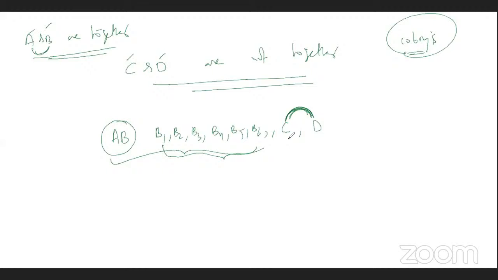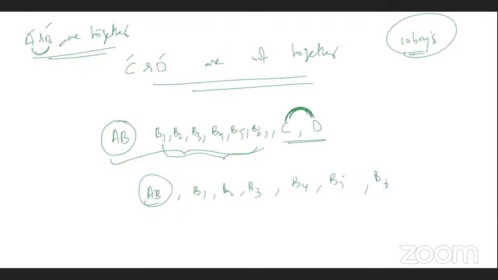Yes, sir. In the gaps of each arrangement, the 2 things should come. Suppose other than C and D, what are the objects? AB is 1 unit, then B1, B2, B3, B4, B5, B6. How many things are there in total? 8, sir. No, 7, because A and B we should not count individually.